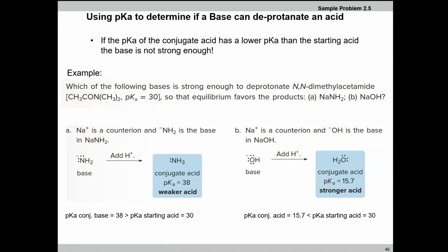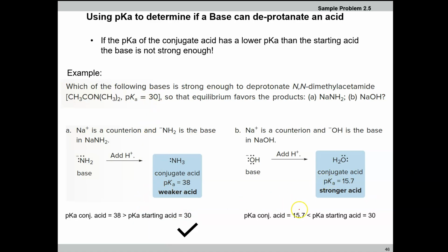Again, it depends on the starting acid. Just to reiterate, for the first reaction the conjugate acid of the product is 38 and the starting acid is 30, so this one is going to move forward.